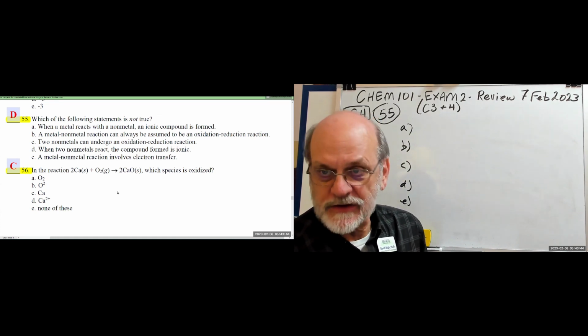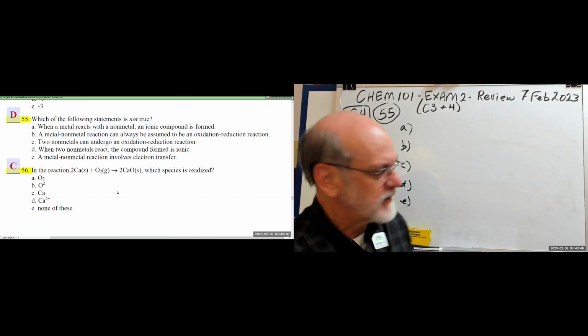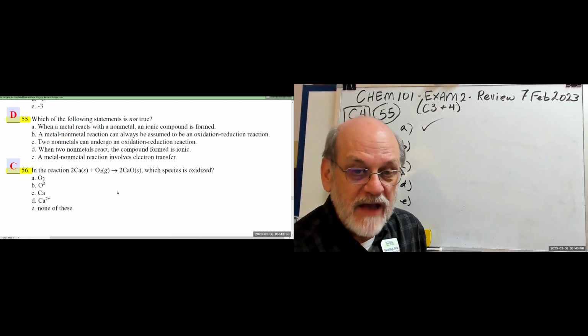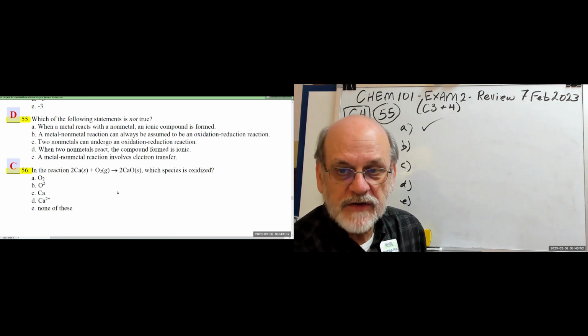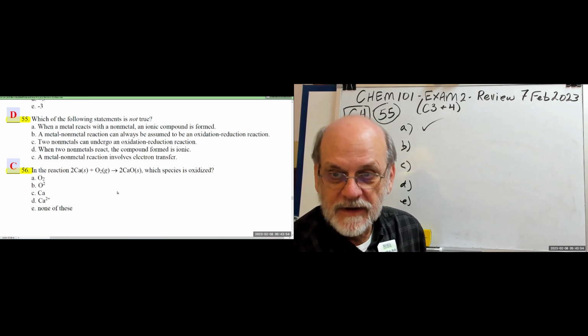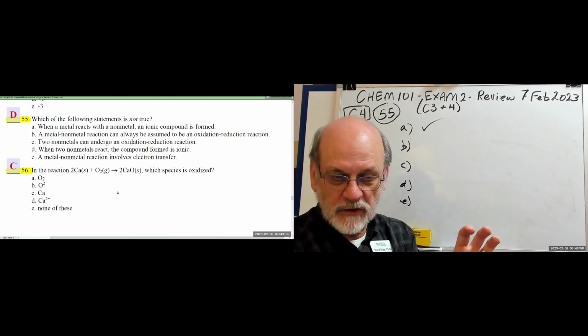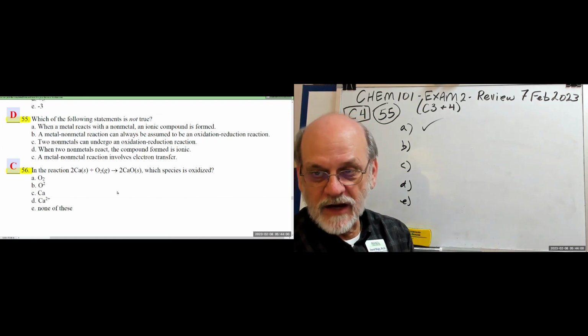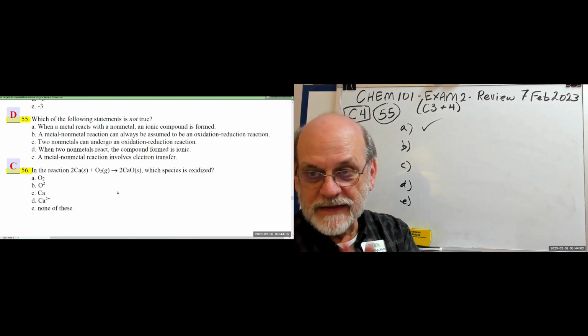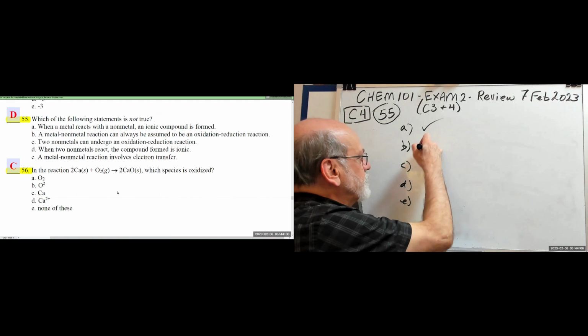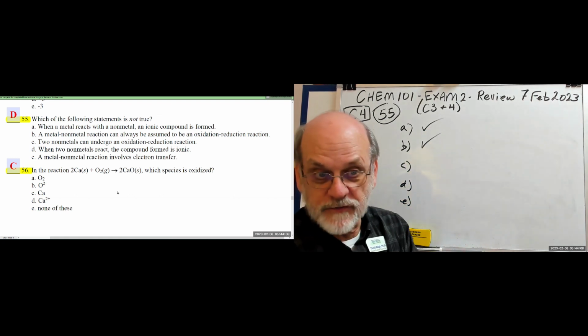That's essentially true, yes. B: a metal-nonmetal reaction can always be assumed to be an oxidation-reduction reaction. Yes, if you start with the elemental metal and the elemental nonmetal, and they react, you always get an oxidation-reduction reaction. Electrons are transferred.